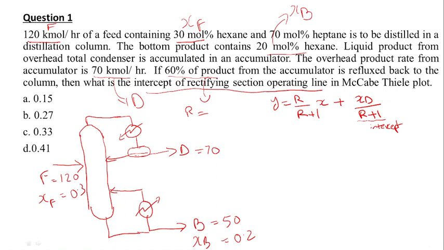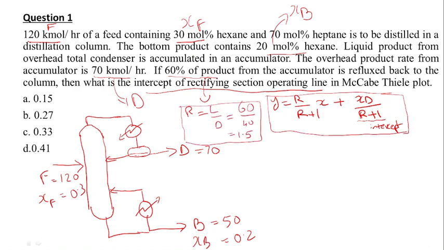So here we need to obtain XD also to find the intercept. R we have already obtained as 1.5. So for obtaining XD we need to do component balance, hexane balance. So F into XF equal to D into XD plus B into XB.